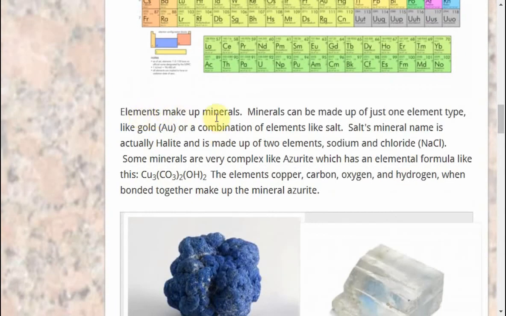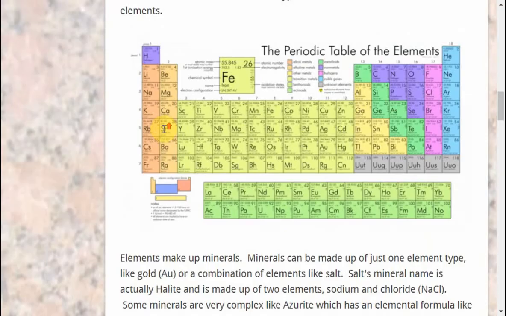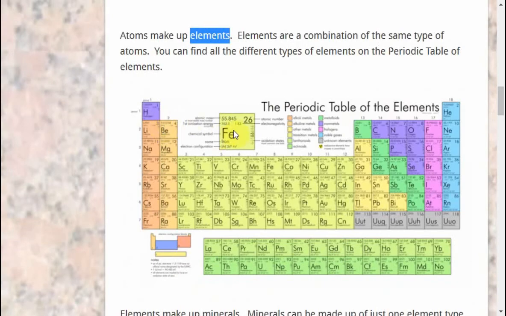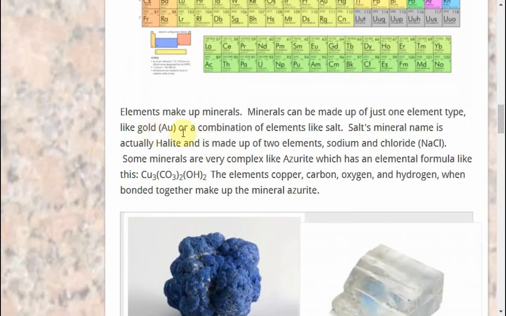Elements make up minerals. Okay? Now, minerals can be made up of just one type of element, like gold. Gold is Au by its chemical symbol, and it is all one type, or a combination of elements.